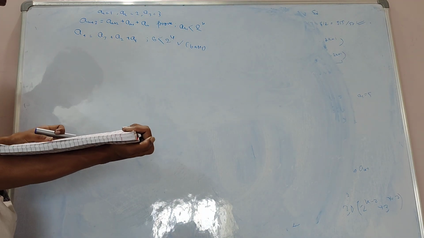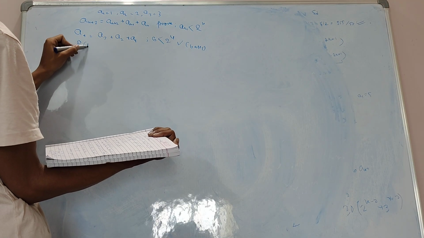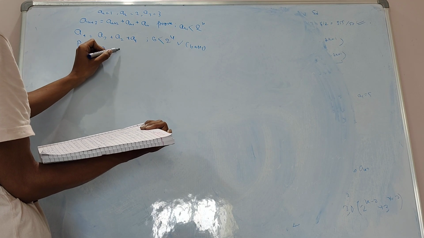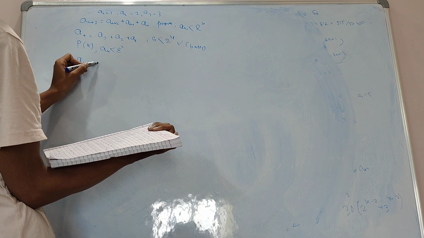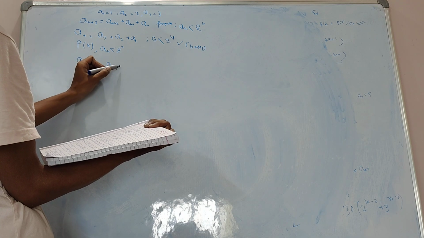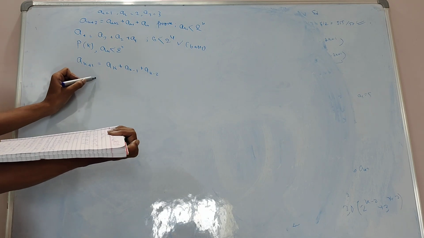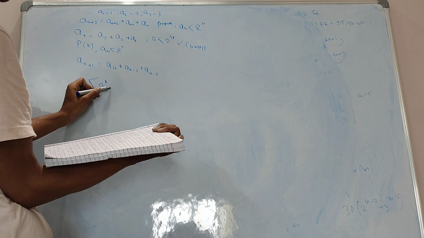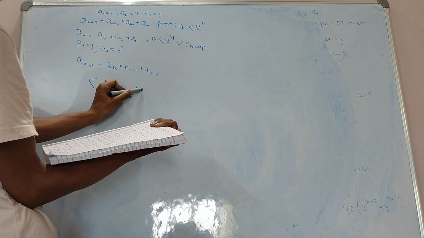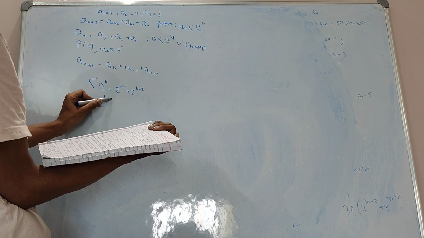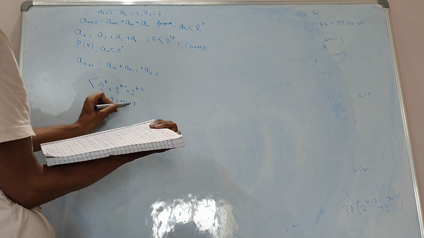And now I will assume for P(k), a_n is less than 2 to the power n, right? So a_{k+1} will give me is equal to a_k plus a_{k-1} plus a_{k-2}. This should be less than 2 to the power k plus 2 to the power k minus 1 plus 2 to the power k minus 2, is equal to 2 to the power k minus 2 into 4 plus 2 plus 1, that is 7.